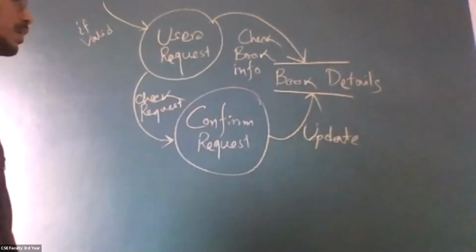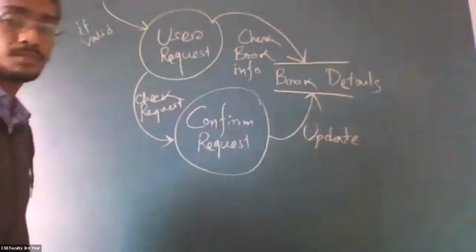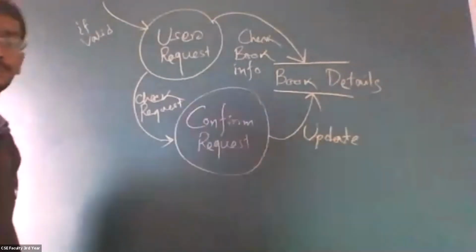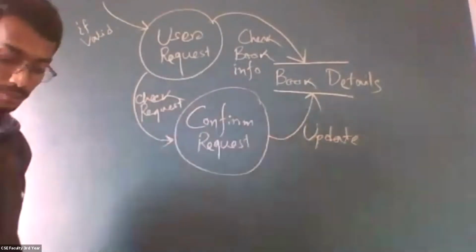Then tell me another process which I can add. How many processes do we have till now? Four, right? We need to add another process. Minimum five processes will be there.